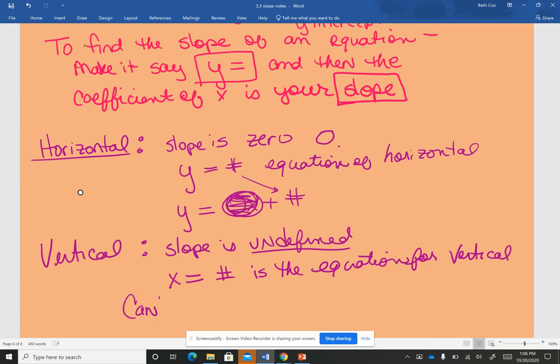We can't make this y equals. It doesn't have a slope. Well, the slope is undefined. It doesn't have a run, so it can't have a slope if you don't have a run, because that's the denominator, and you can't have a 0 in the denominator. So it's undefined. Okay? Hope that helps.